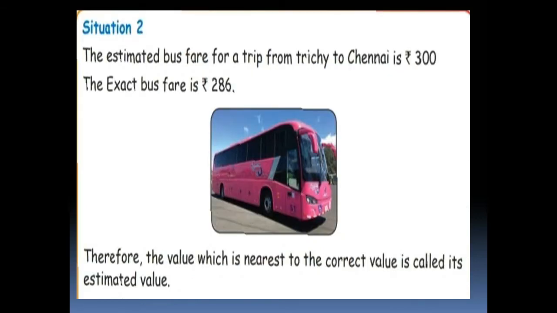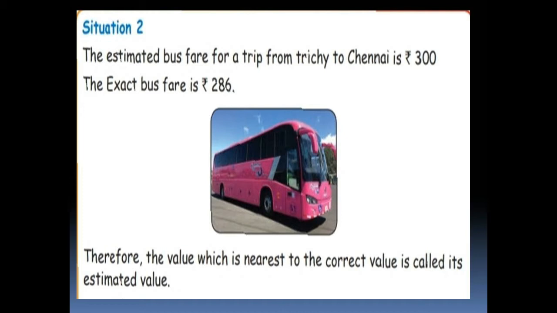Let us see the second situation. The estimated bus fare for a trip from Tiruchi to Chennai is rupees 300. For example, the teacher is asking, what is the price of 1 kg tomato? You will guess 40, 50 like that. That is called estimation value. But the actual value is what you hear from the shopkeeper.